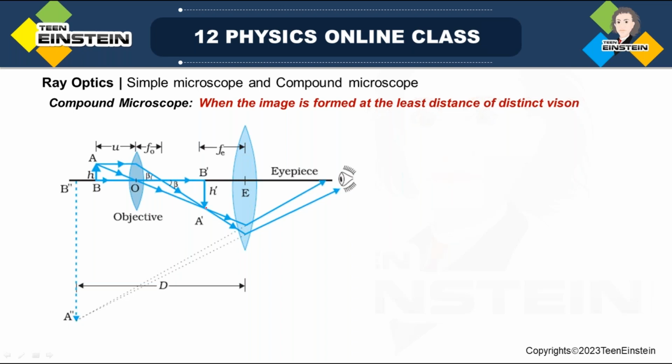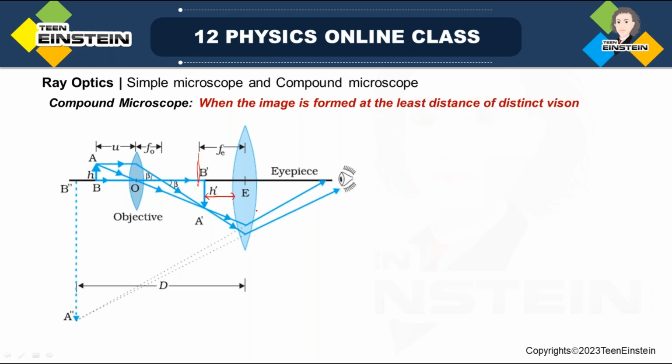This image acts as the object for the second lens, the eyepiece, and its position is within the focal length of the eyepiece.